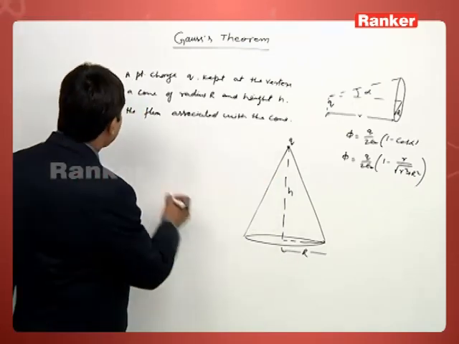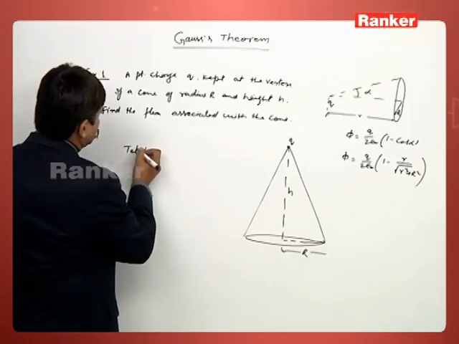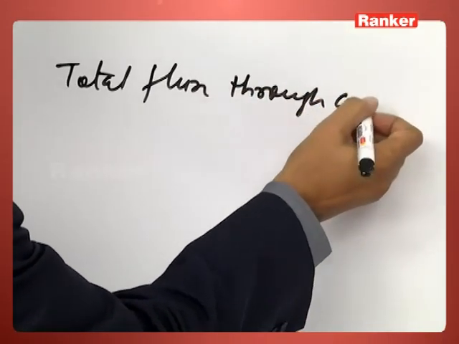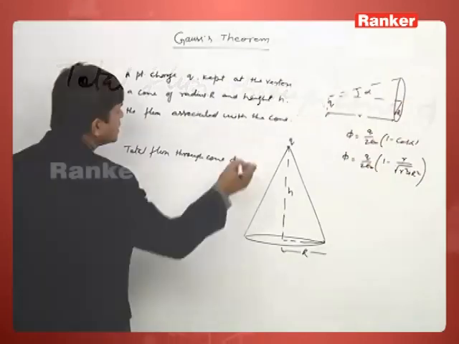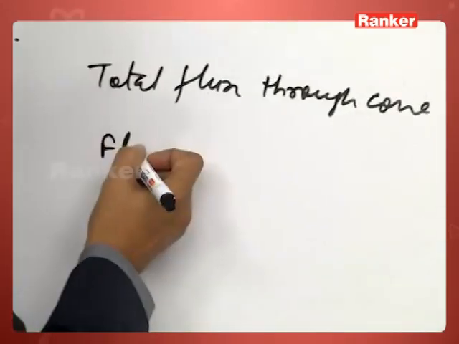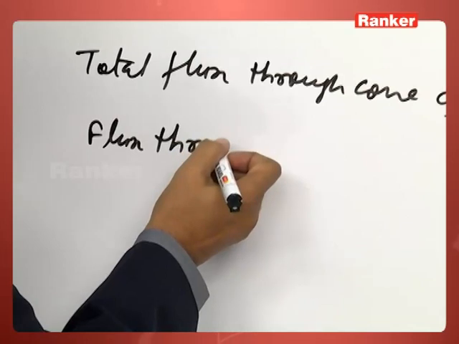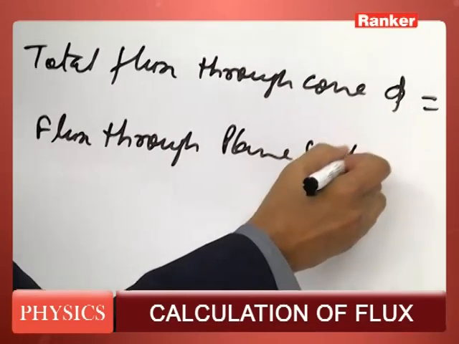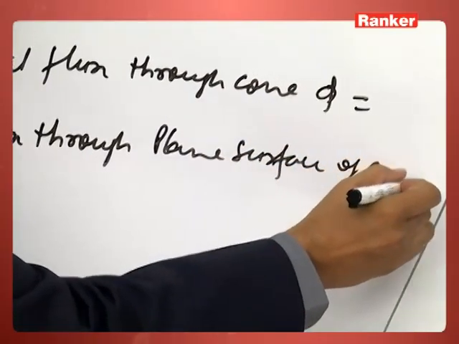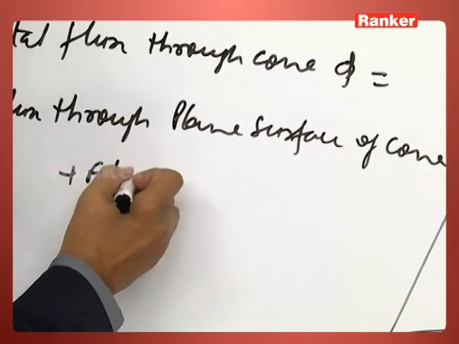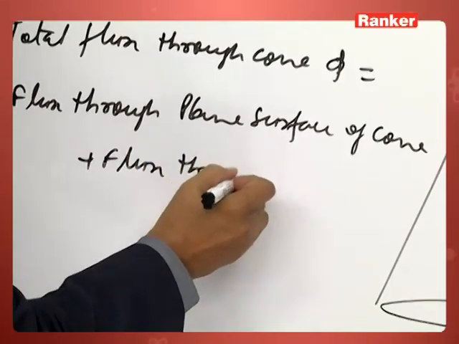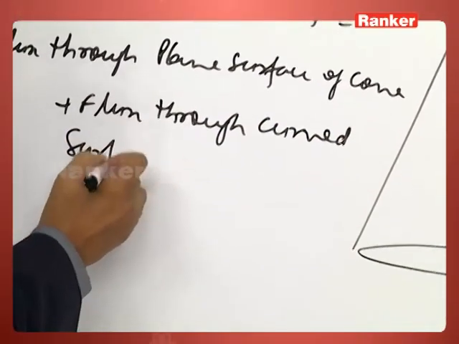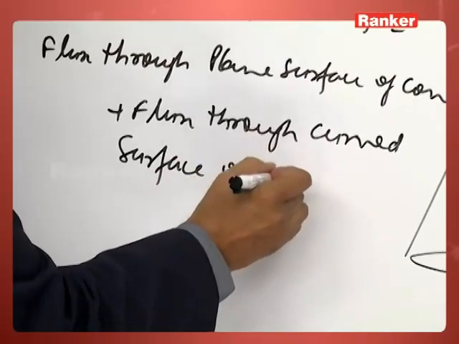Now, the total flux through the cone, phi, is equal to the flux through the plane surface of the cone plus the flux through the curved surface of the cone.